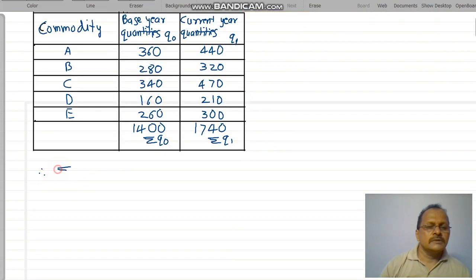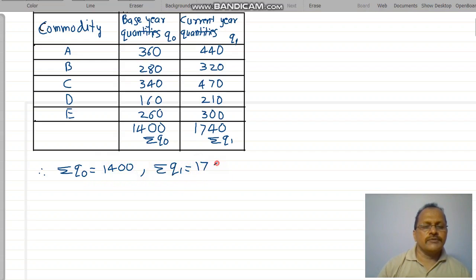Therefore, summation Q0 is equal to 1400. Summation Q1 is equal to 1740, and therefore the quantity index number Q01 is equal to summation Q1 upon summation Q0 into 100.